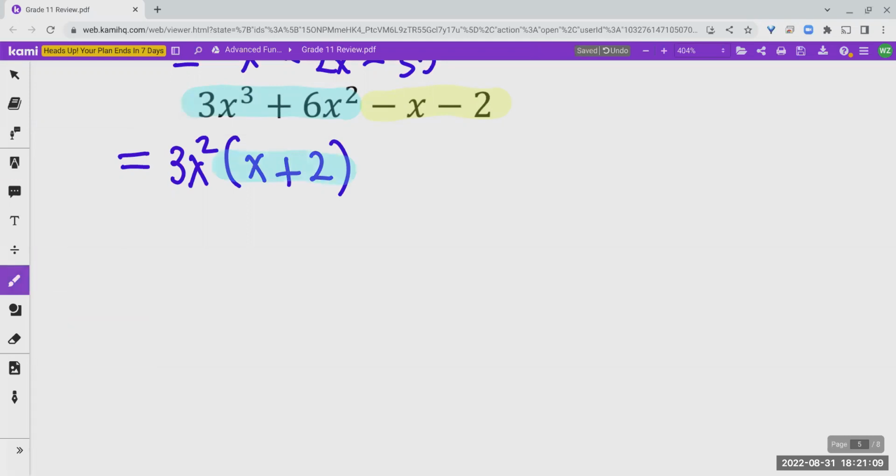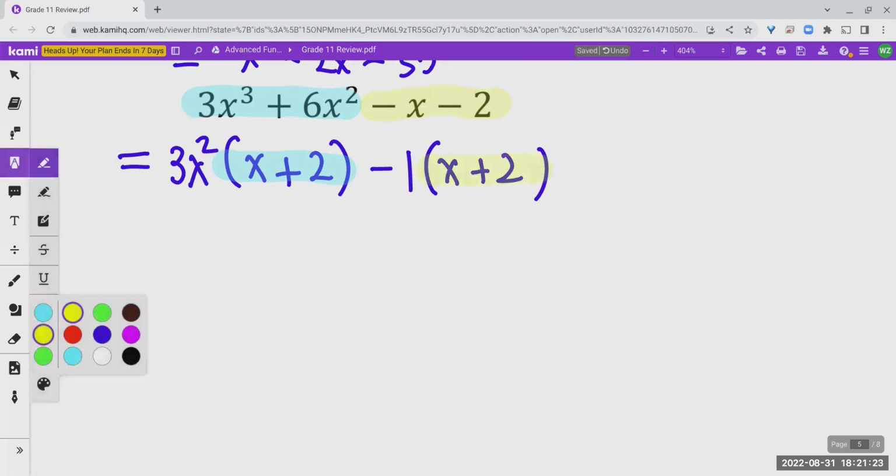Okay, cool. Now what? The second group, negative x, negative 2, I can factor out a negative 1, right? So that becomes x plus 2. I'm going to highlight this one yellow. You see what I did there? Oh, wait.